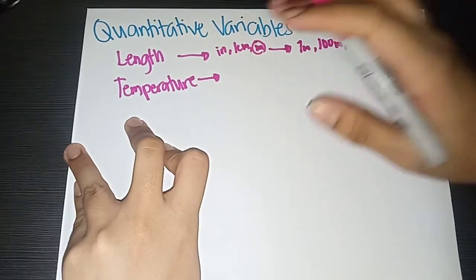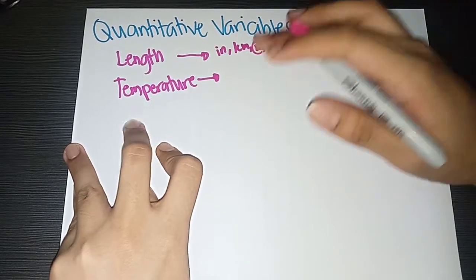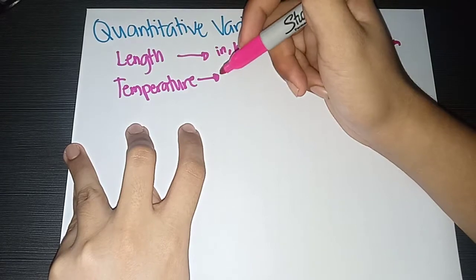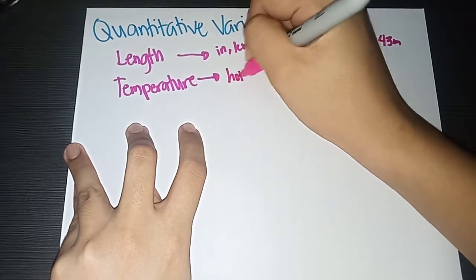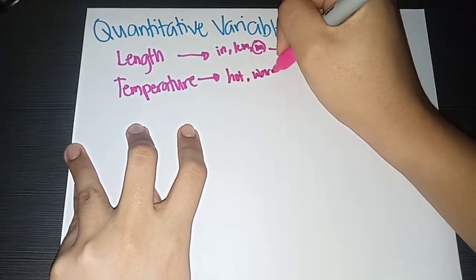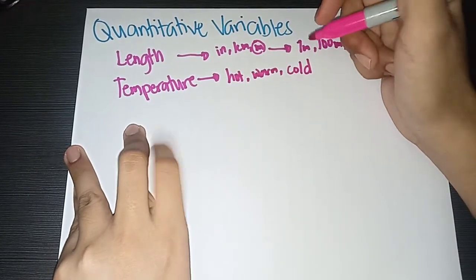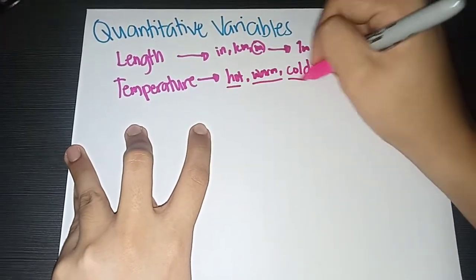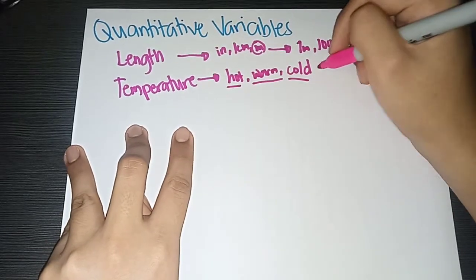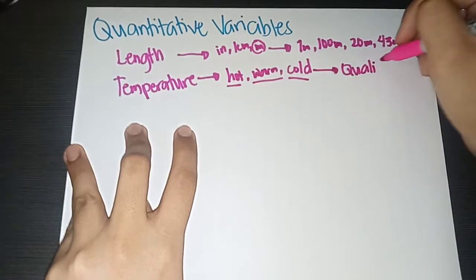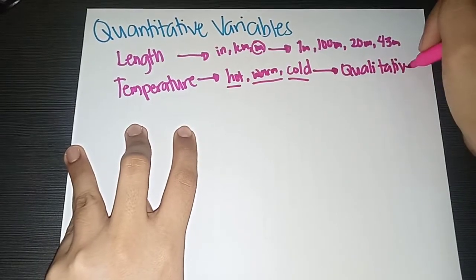In temperature, we can easily say that it is hot, warm, or cold. These are some possible values for temperature. However, these possible values are actually qualitative in nature because they are expressed in words.